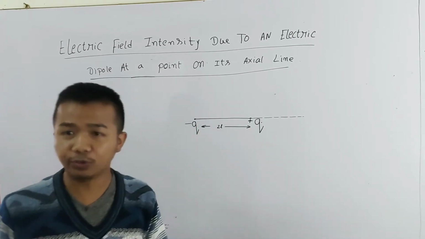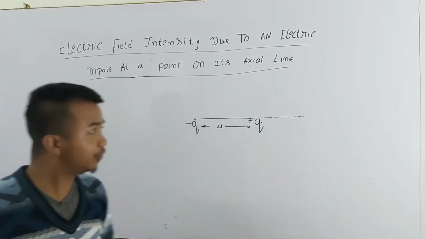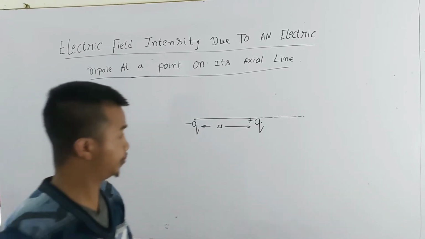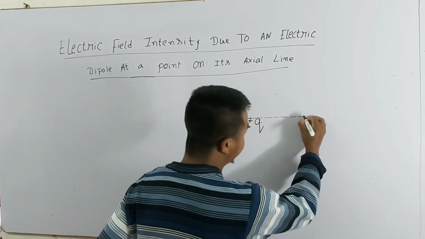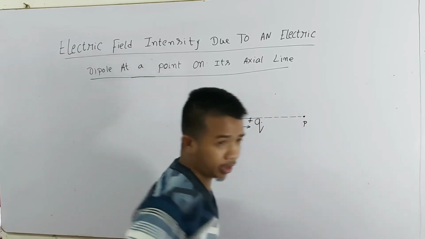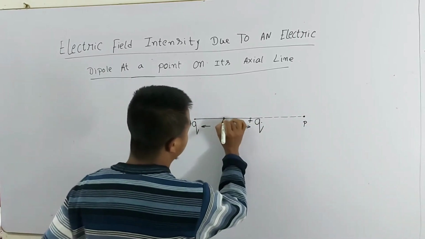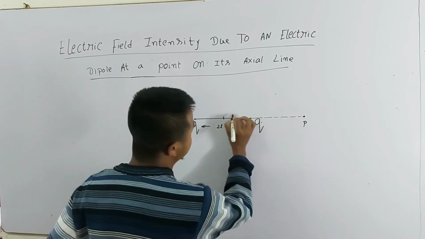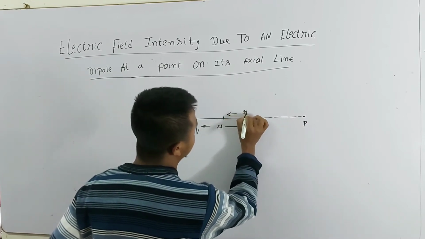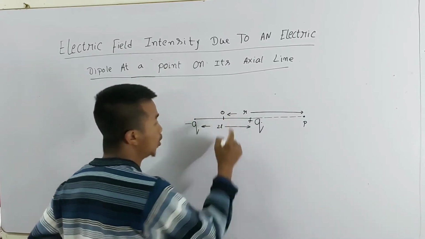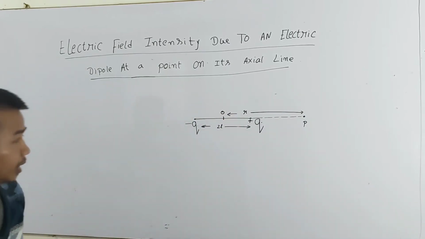Now we want to find the electric field intensity at any point on the axial line. So let P be any point on the axial line which is at a distance, say R, from the center O of the electric dipole.